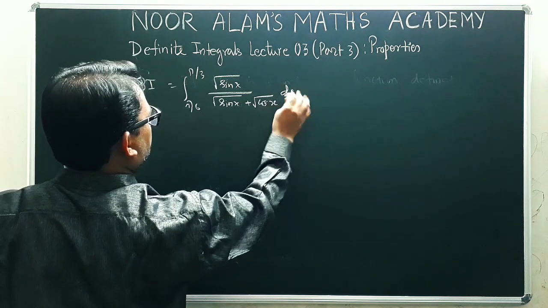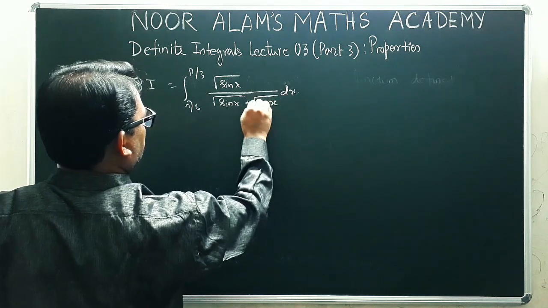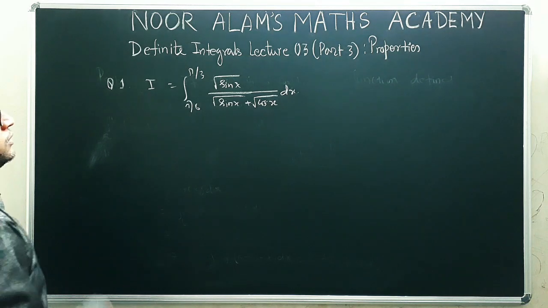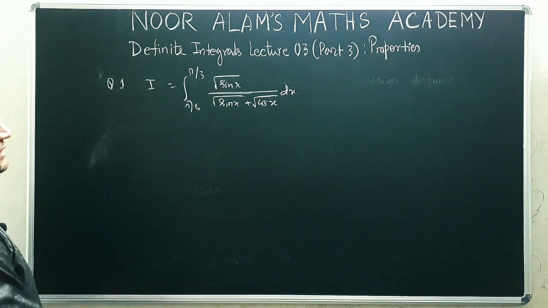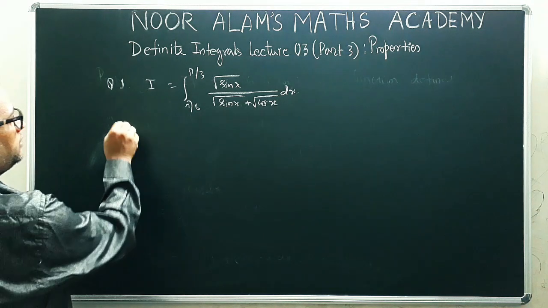Sometimes there are integrations which are very difficult to solve in indefinite form or almost not solvable. The benefit of the property of definite integrals is that we can easily solve this kind of problem using the property.